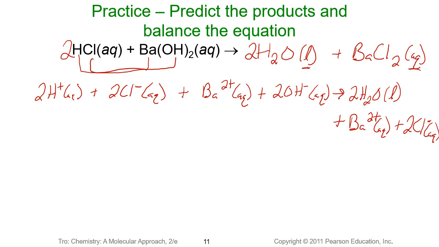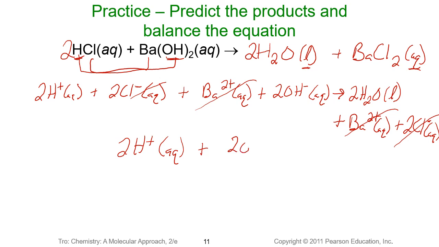If we want to write the net ionic equation, we cancel ions that are the same on both sides, which are barium and chloride. And again, because this is an acid-base reaction, we know it's acid-base because it's H plus OH minus.